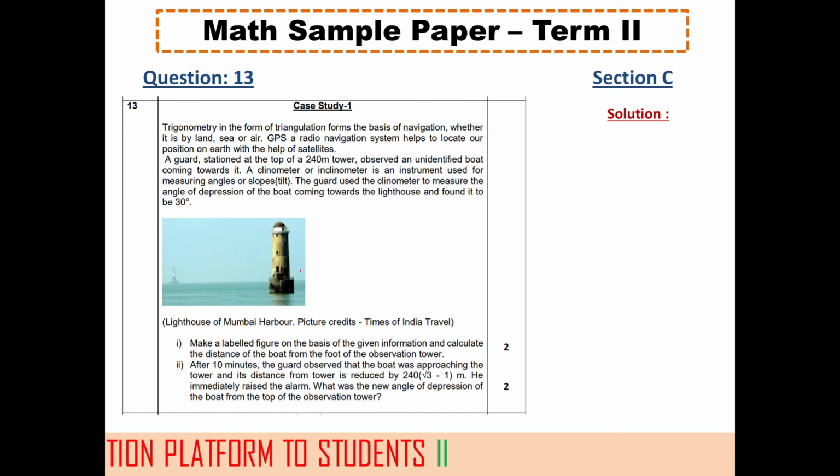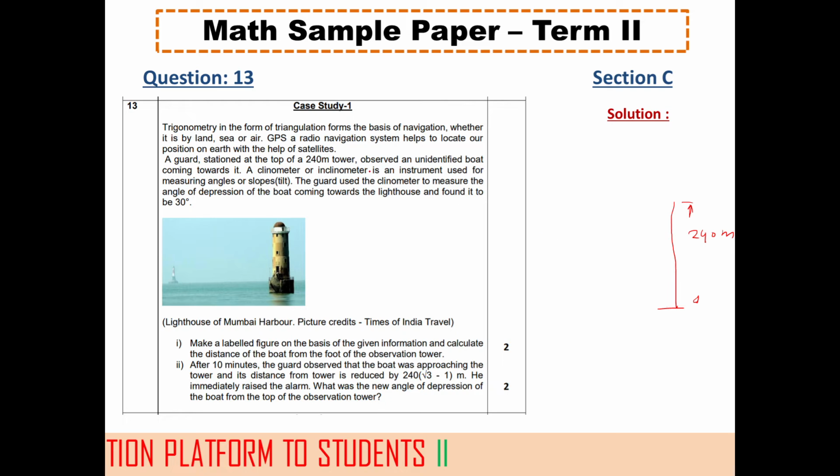On the seashore, there is a tower from the top of which the guard locates the ships. This is the powerhouse. What is the height of the powerhouse? If this is the powerhouse, the height is 240 meters.